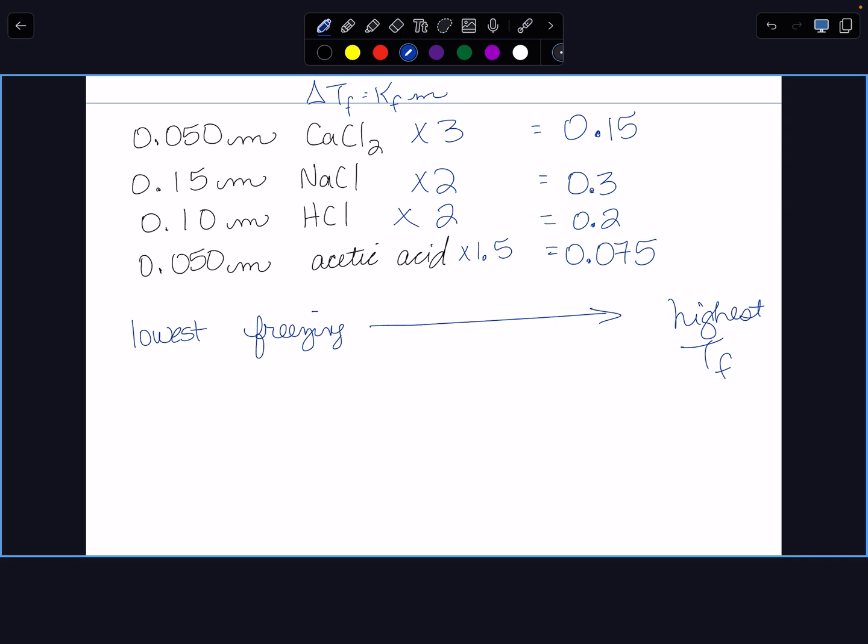So 0.15 molal sodium chloride. Because it's freezing point depression, that one would lower it the most. That one's going to freeze lower than, what comes next? The HCl would come next.